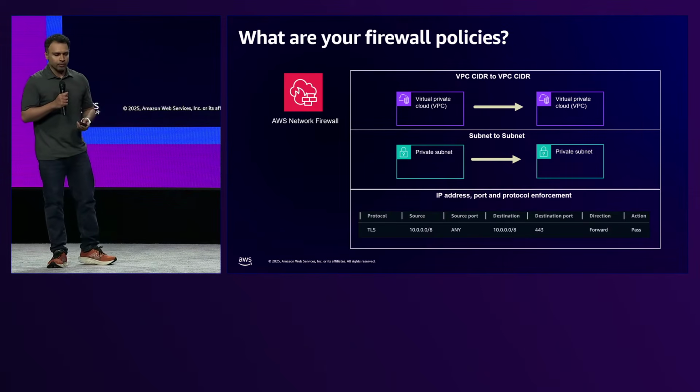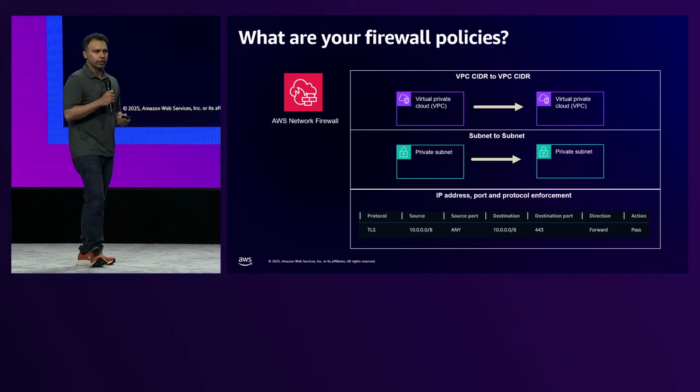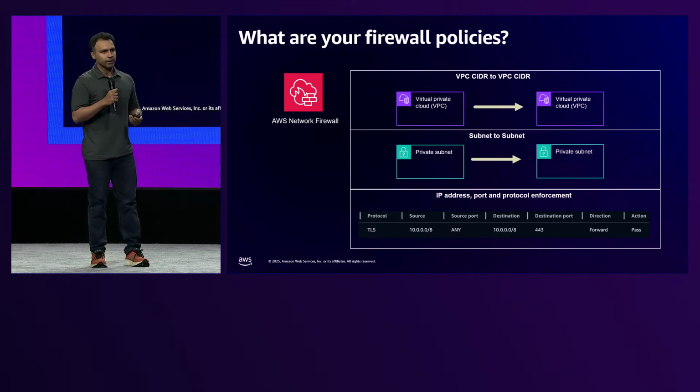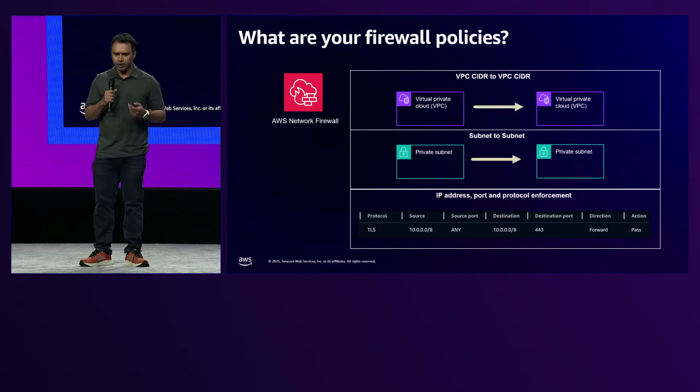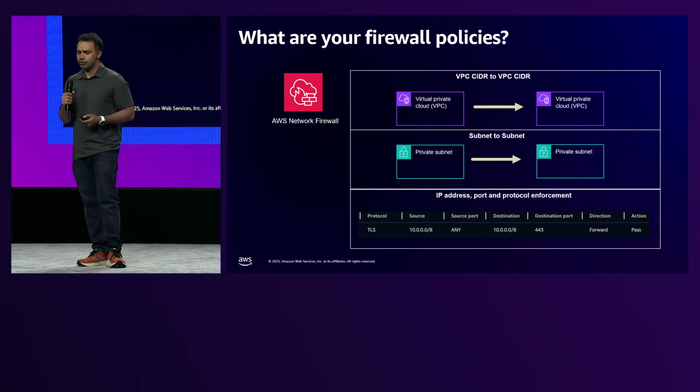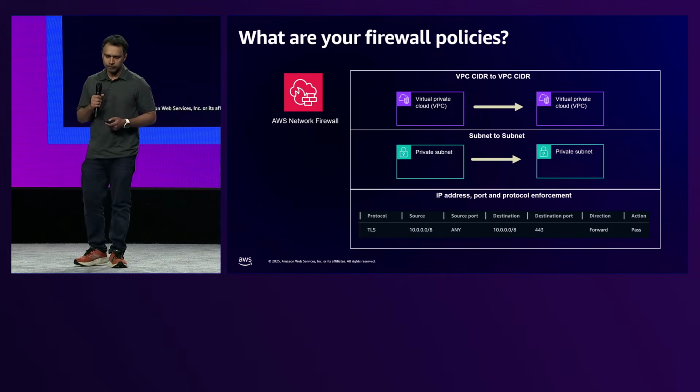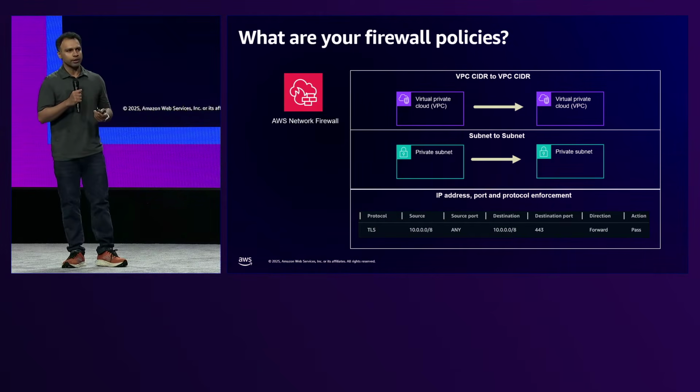Now, ultimately, the policy that we see customers deploy for east-west inspection, or for VPC to VPC inspection, follows the 5-tuple construct. So basically, it's source IP, destination IP, source port, destination port, and protocol. Now, since this is mostly based on CIDRs, it really sounds like access control versus deep packet inspection.